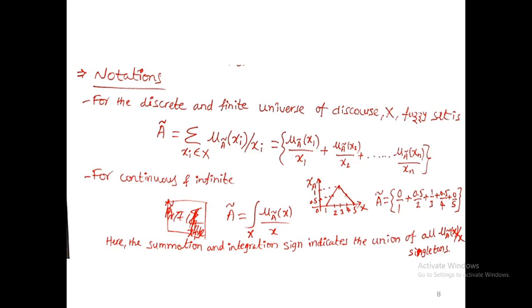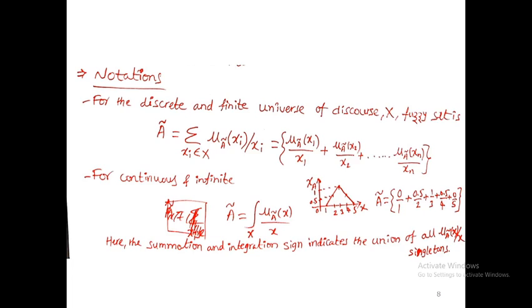If you see the notation for a fuzzy set, for discrete and finite universe of discourse capital X, the fuzzy set is defined as A equals summation of xi belonging to X, mu A of xi by xi, where i varies from 1 to n.